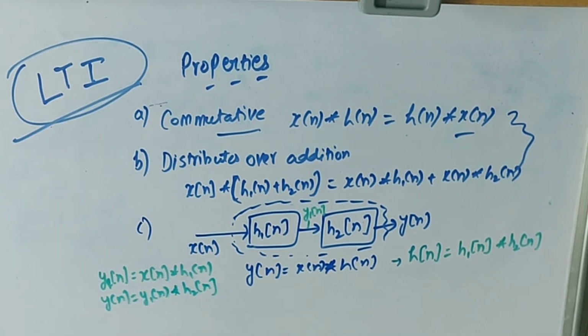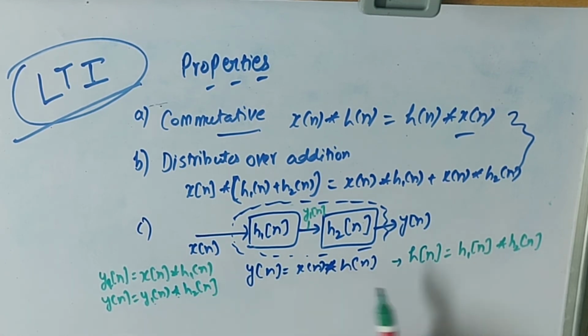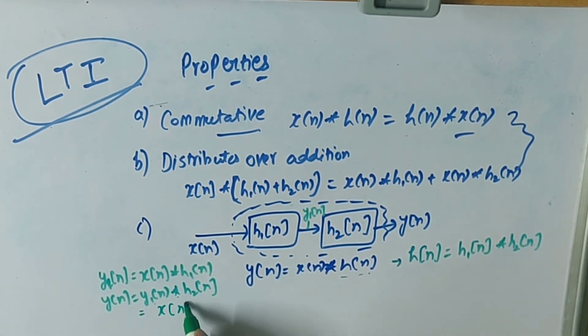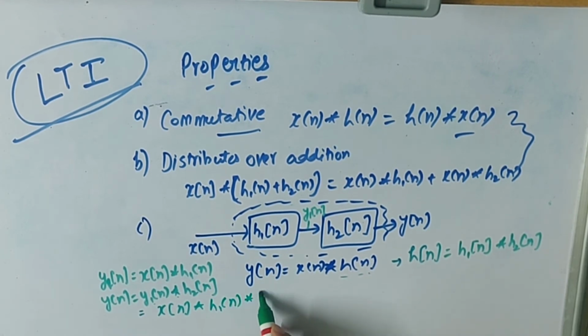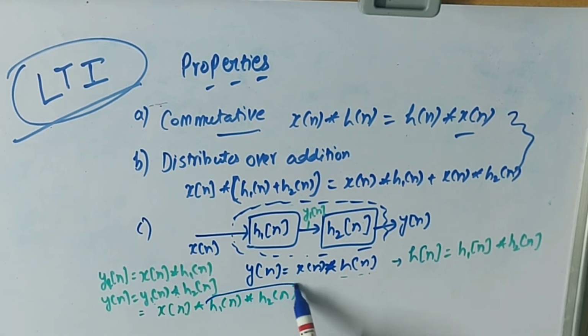If you put y1[n] equal to x[n] convolution h1[n], in that way y[n] will equal x[n] convolution h1[n] convolution h2[n]. In that way h[n] can be written as h1[n] convolution h2[n]. So this is h[n].